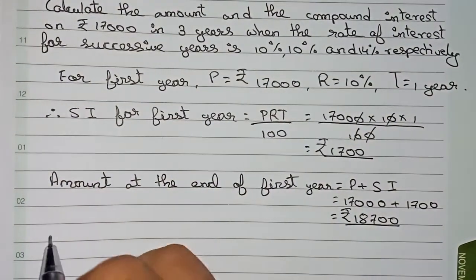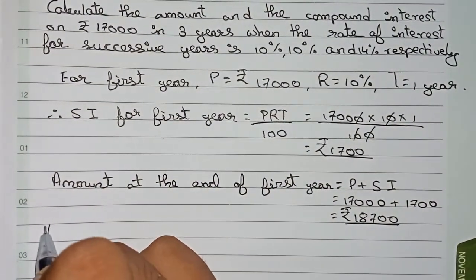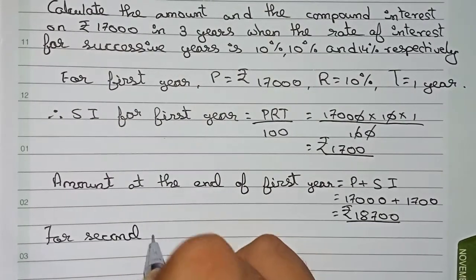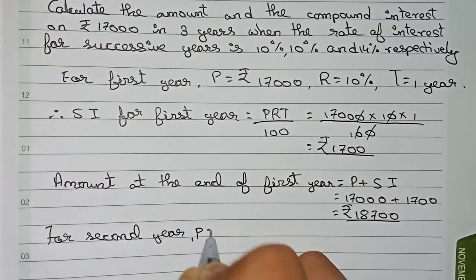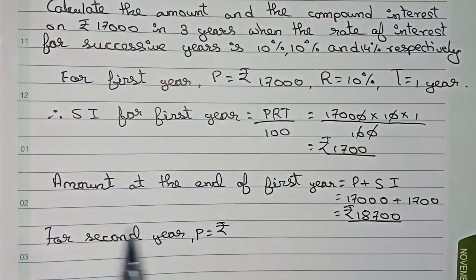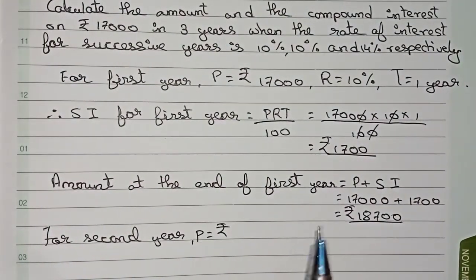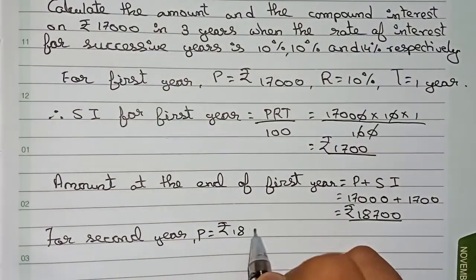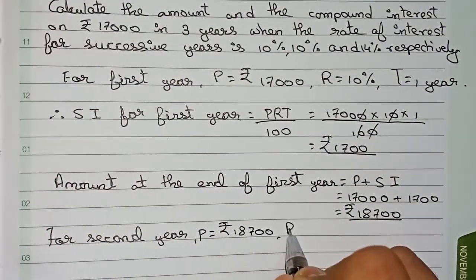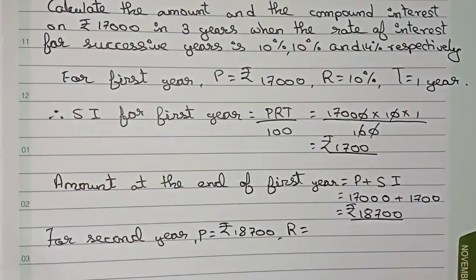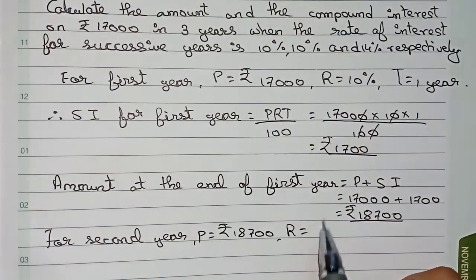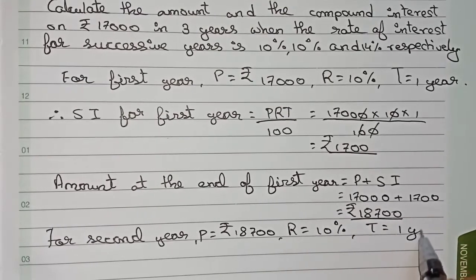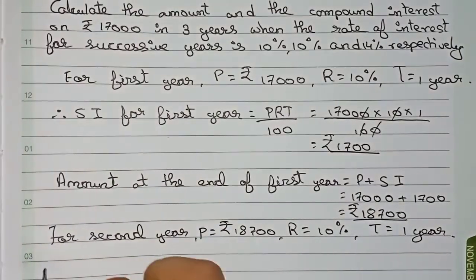Now for the second year, the principal will be equal to the amount at the end of the first year, that is 18,700. The rate is 10%, as given in the question for the second year, and the time is 1 year.